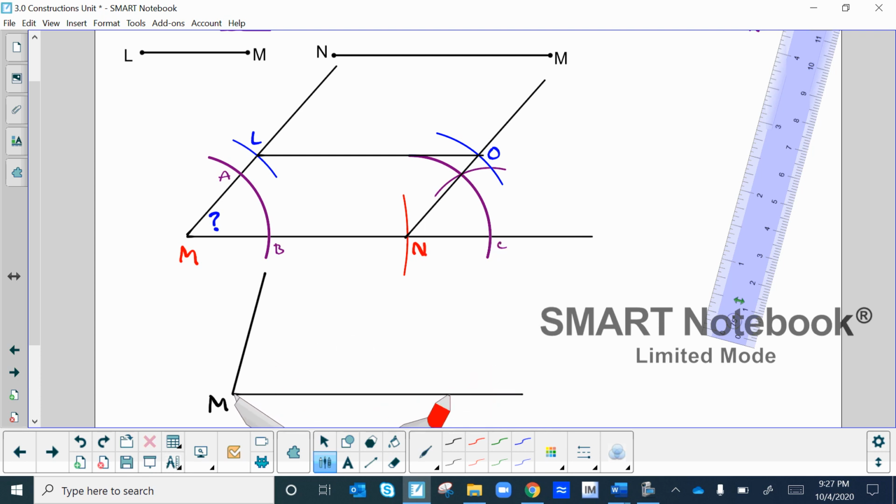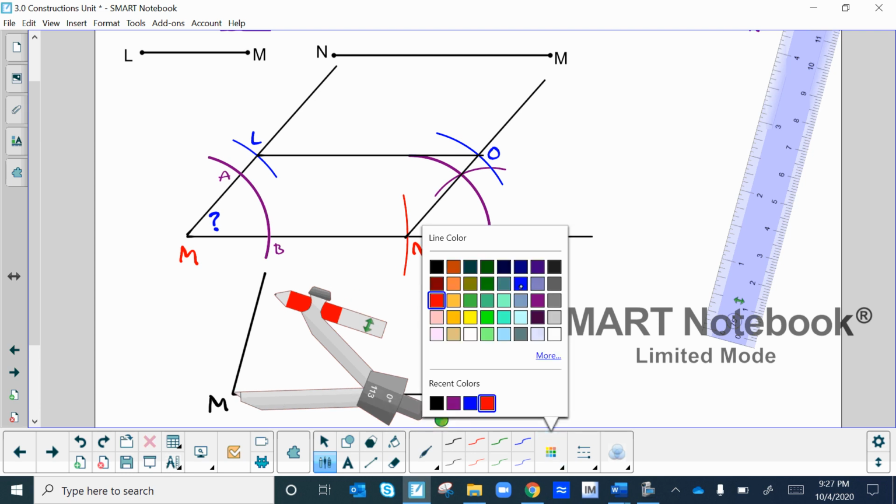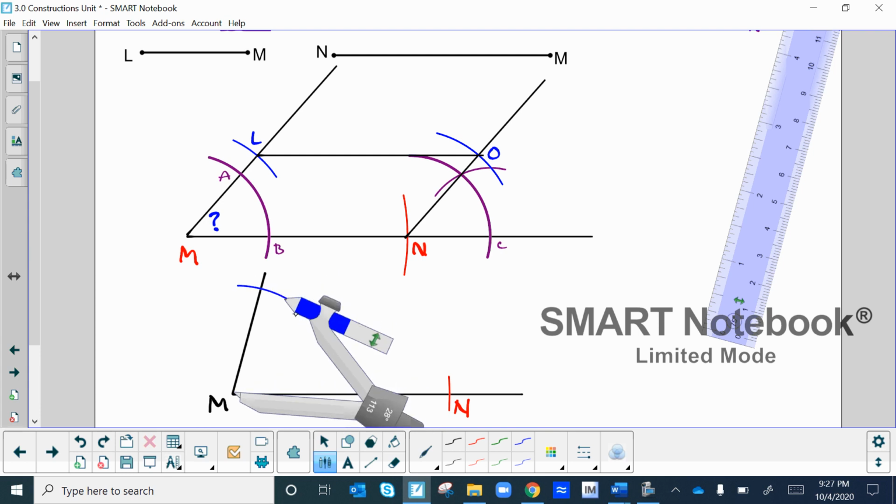So place it at M. Make an arc. That's exactly where N is going to be. Now let's measure LM. Let me get a different color. So that is going to be L up there.